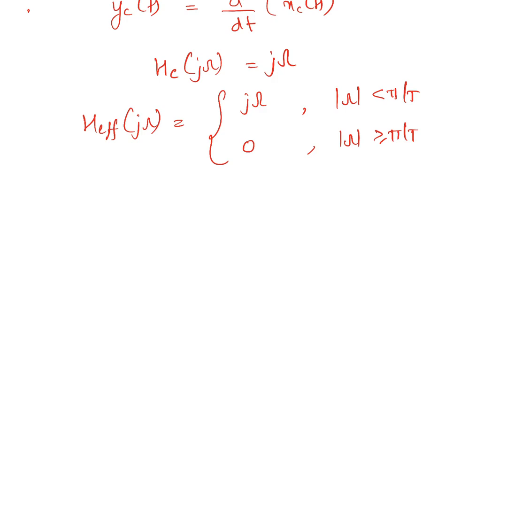With respect to this effective frequency response, the corresponding discrete time system would be H of e to the power j omega, equal to j omega by T for mod omega less than pi, and because we know that it is periodic with 2 pi.